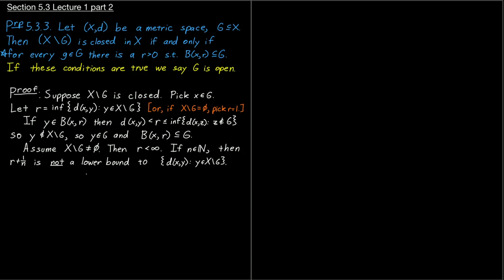So we can let y_n be a point in X minus G with the distance from X to y_n less than R plus 1 over n, because R plus 1 over n is not a lower bound. And there y_n exists.